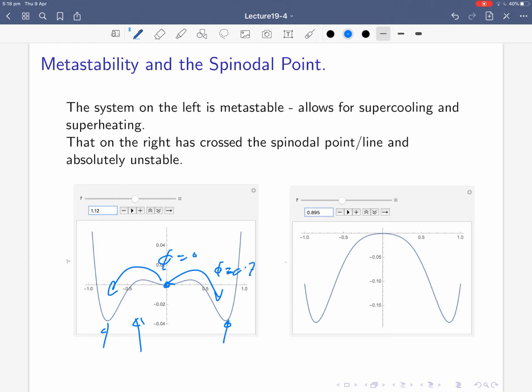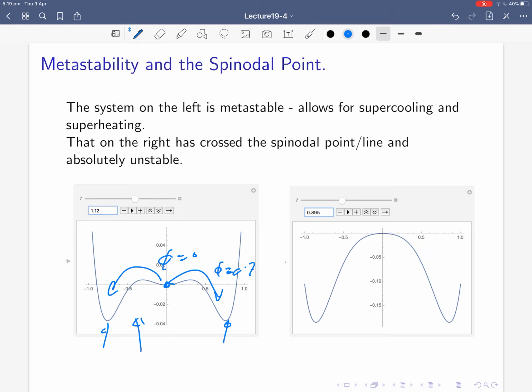And this is why you can supercool liquids and superheat them as well. You can supercool water, of course. If your water is very, very clean and doesn't have any nuclei for nucleation purposes, you can cool it well below 0 degrees centigrade and it will still remain liquid water.